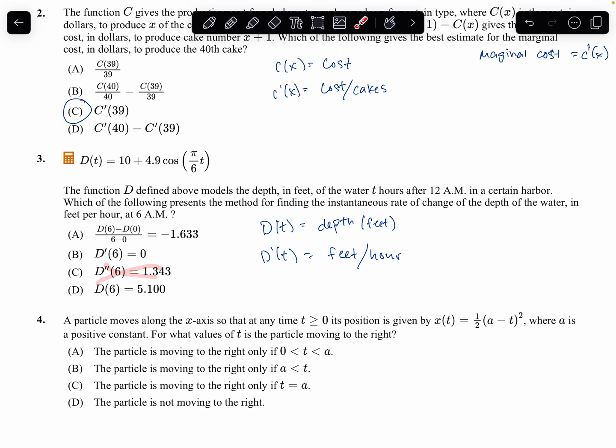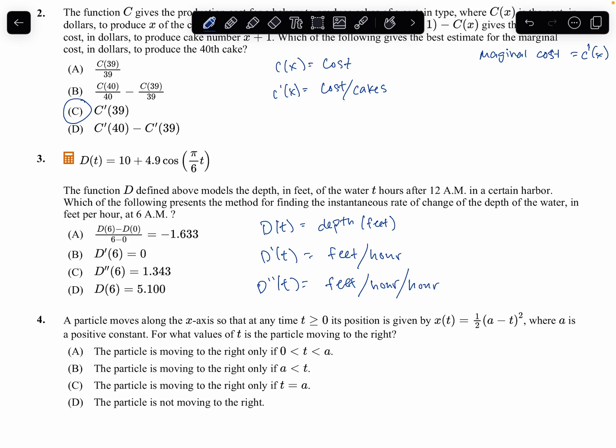D double prime of t would be equal to feet per hour for every hour. So that is not what we're trying to find either. So it's not going to be that. So d prime of 6, this is average rate of change right here. This would be an estimate right here.